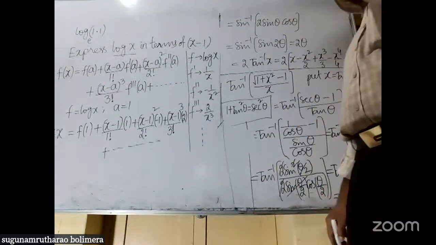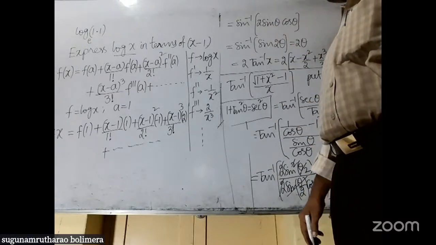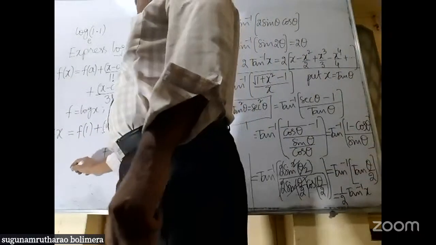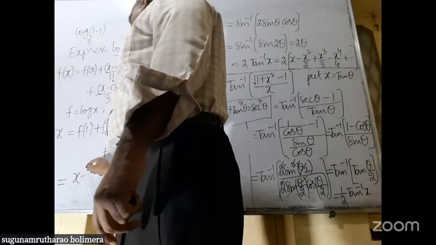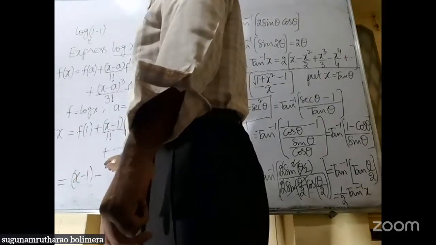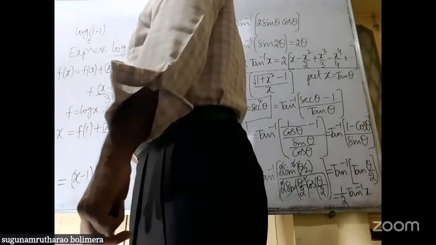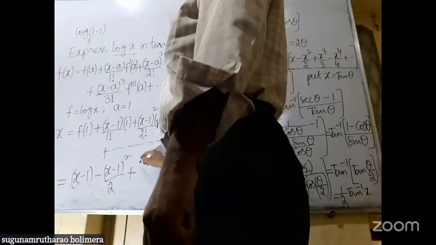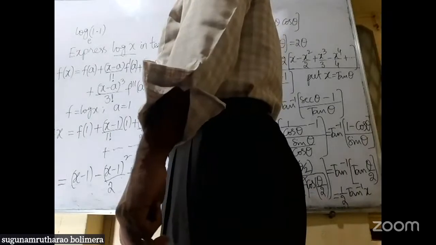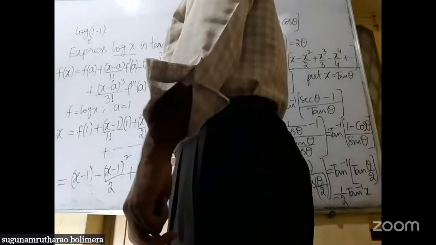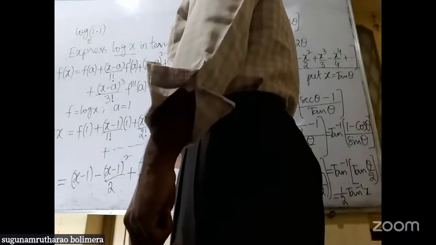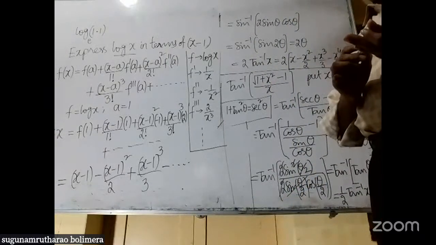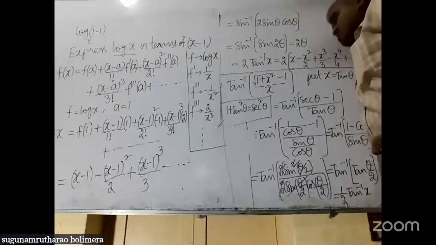It is very clear, log 1 is 0, so f of 1 is 0. So you can write this as x minus 1 minus x minus 1 squared by 2 plus, the 2 gets cancelled, x minus 1 whole cube by 3, alternately minus and plus will come. This is expressing log x in terms of x minus 1.